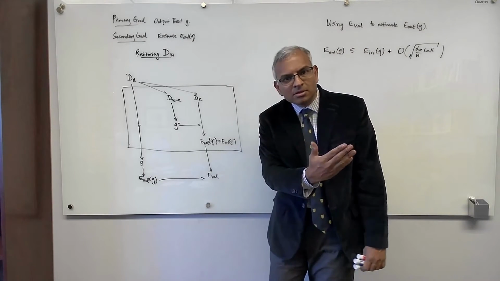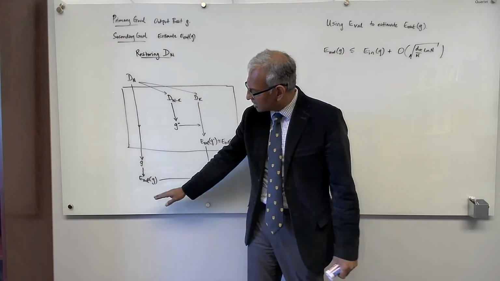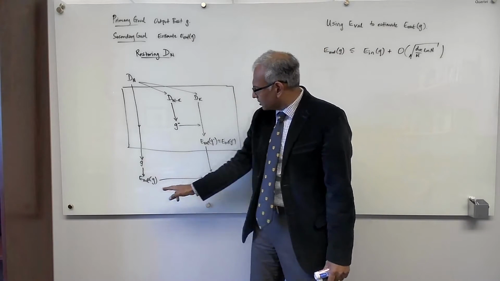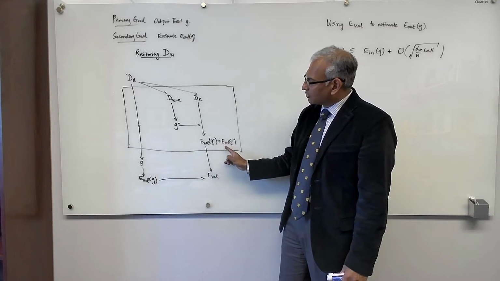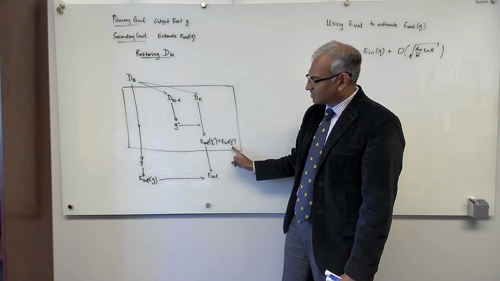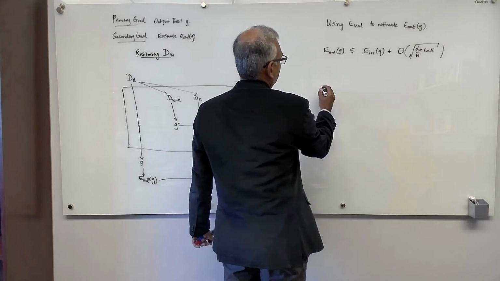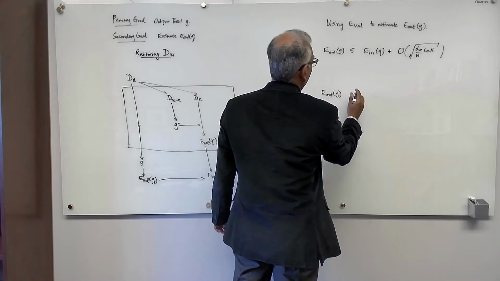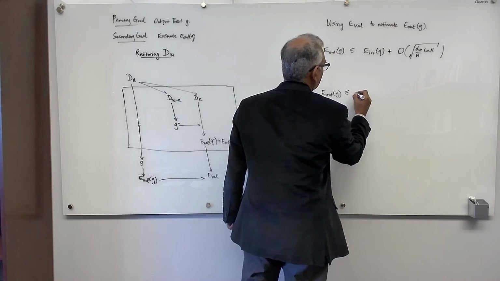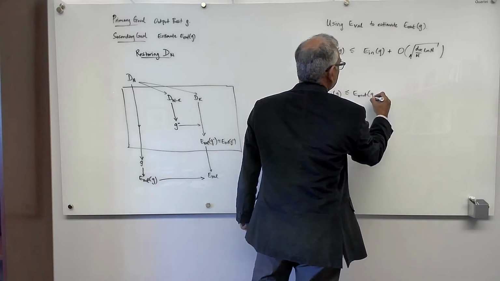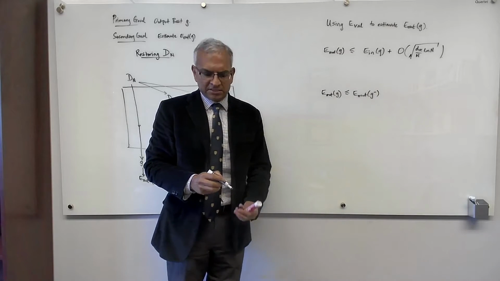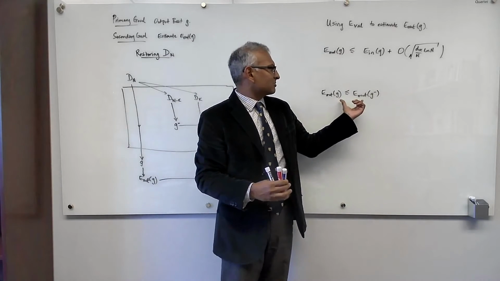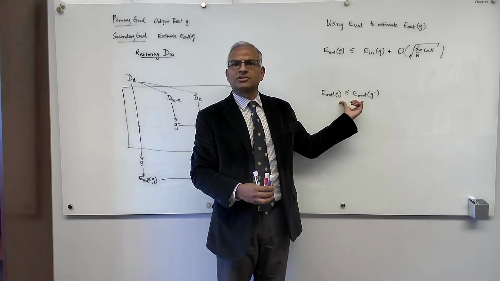So it's reasonable to say that the out of sample error of G is going to be less than or equal to the out of sample error of G minus, because this guy is deficient. So E out of G is going to be less than or equal to E out of G minus. And indeed, there's going to be some slack here, and let's see what controls that slack.